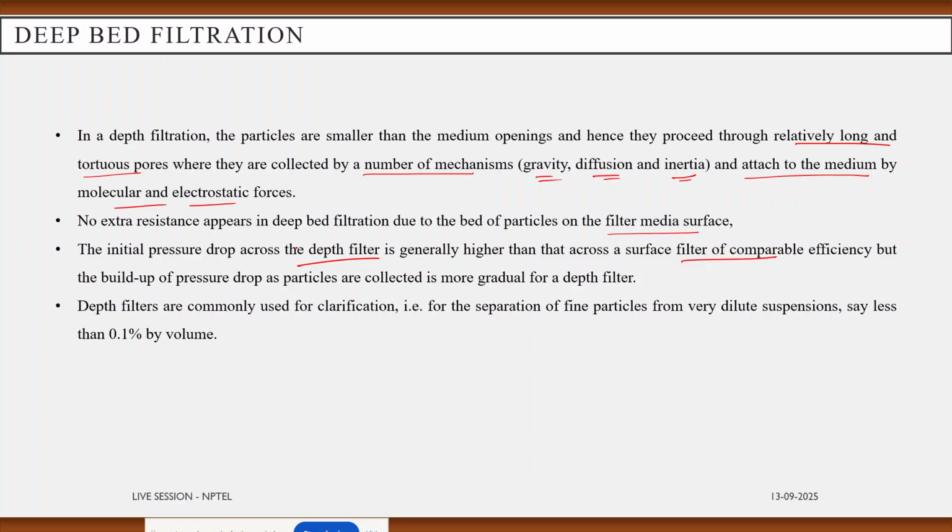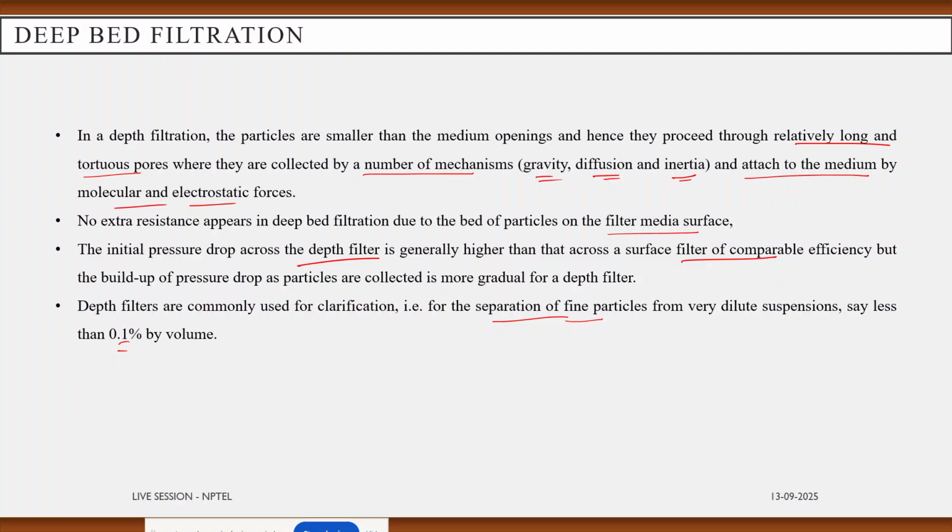So depth filters are commonly used for clarification, that is, for separation of fine particles from a very dilute suspension. Say this dilute is 0.1% by volume. You can remember that for surface filtration the concentration was 1 volume percent, so that was a much more concentrated slurry.